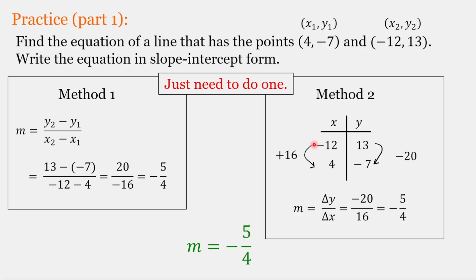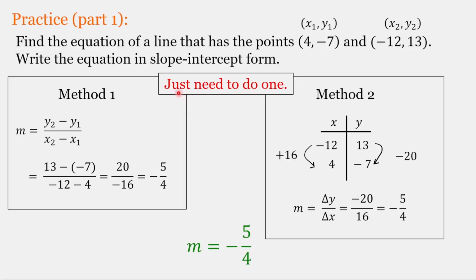And then as we move from point 1 to point 2, our x value increased by 16, and the y value decreased by 20. We have our slope formula, change of y over change of x. This is -20 over 16, which simplifies down to -5/4. Again, 2 different methods for finding the same thing, the slope of this line. We end up with a slope of -5/4.